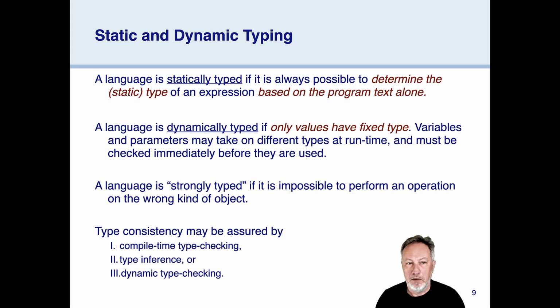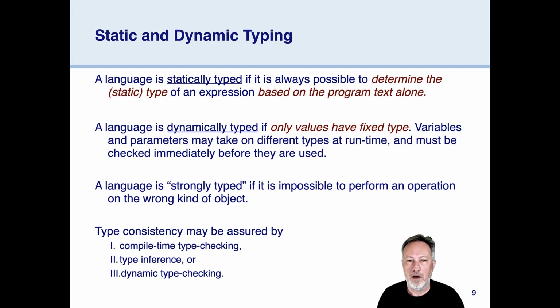Now, there are different kinds of programming languages. Statically typed programming languages try and determine if our programs are statically okay based on the program text alone, and they will reject programs that they cannot guarantee are statically type-safe. A language is dynamically typed, notice not untyped and not weakly typed, but dynamically typed, if only values have a fixed type.